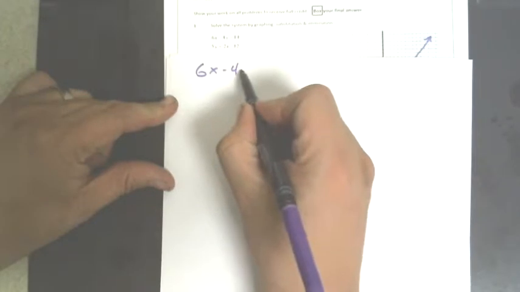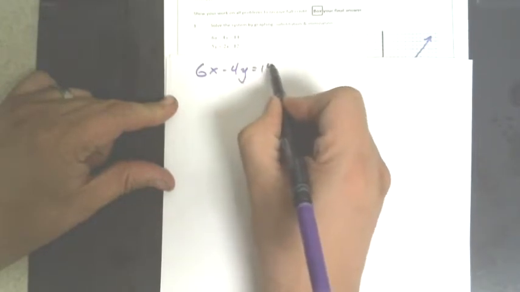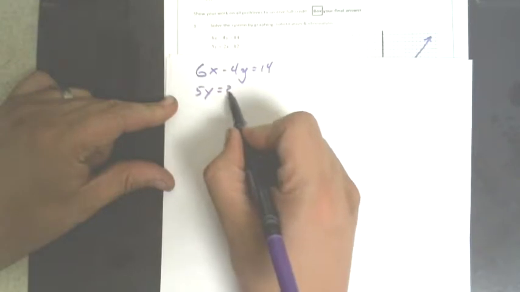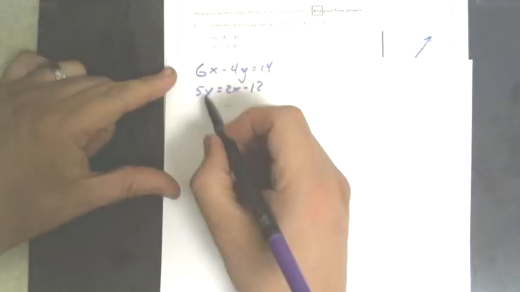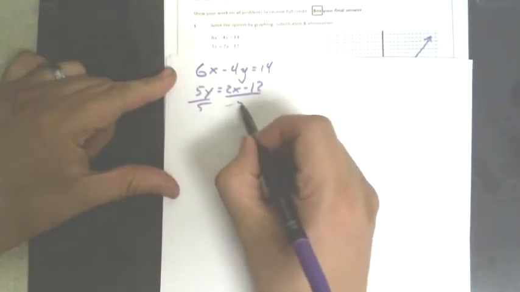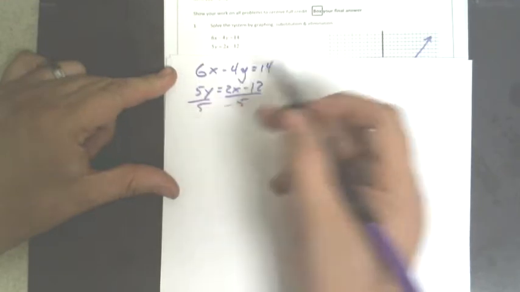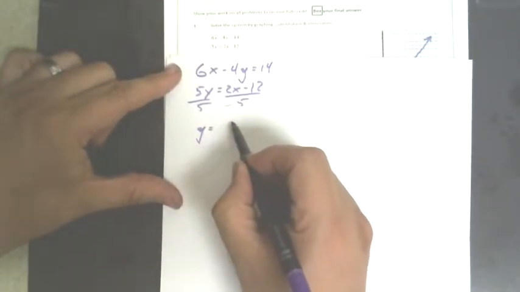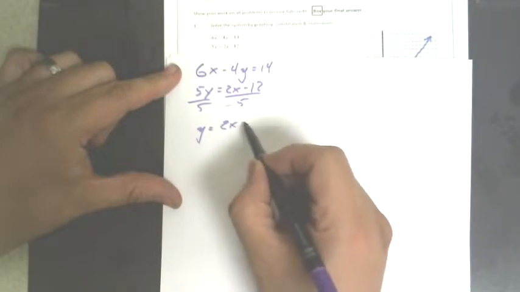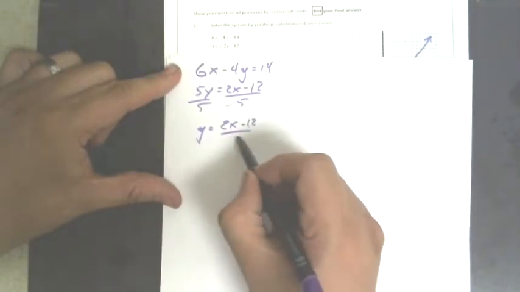So for substitution, we want to pick one of the variables to solve for. And really, you could solve for any of the variables here. You could divide by the 5 to solve for y. Now let's go ahead and solve for y. Divide by the 5 to solve for y. You could solve for x, y, anything you want. None of them are really great choices, so we might as well solve for this y. It's almost done anyway.